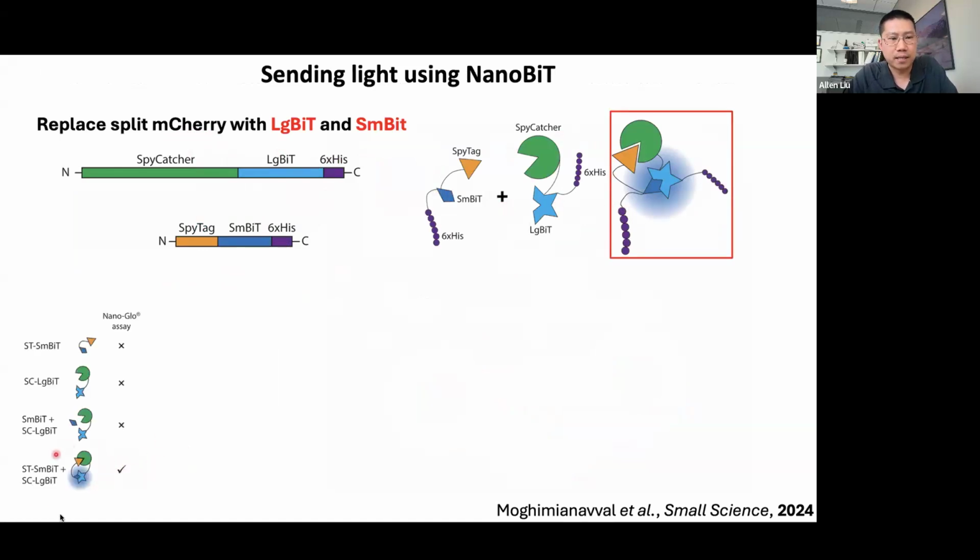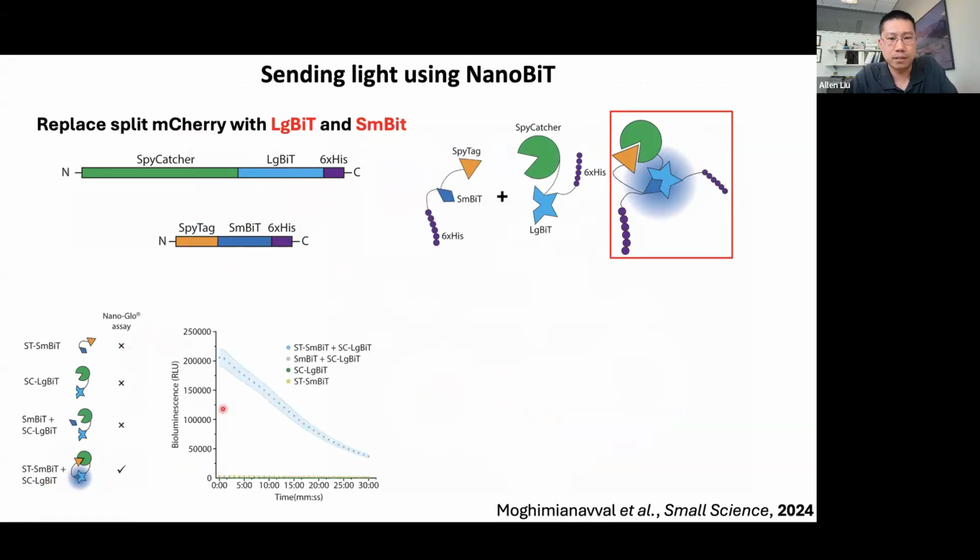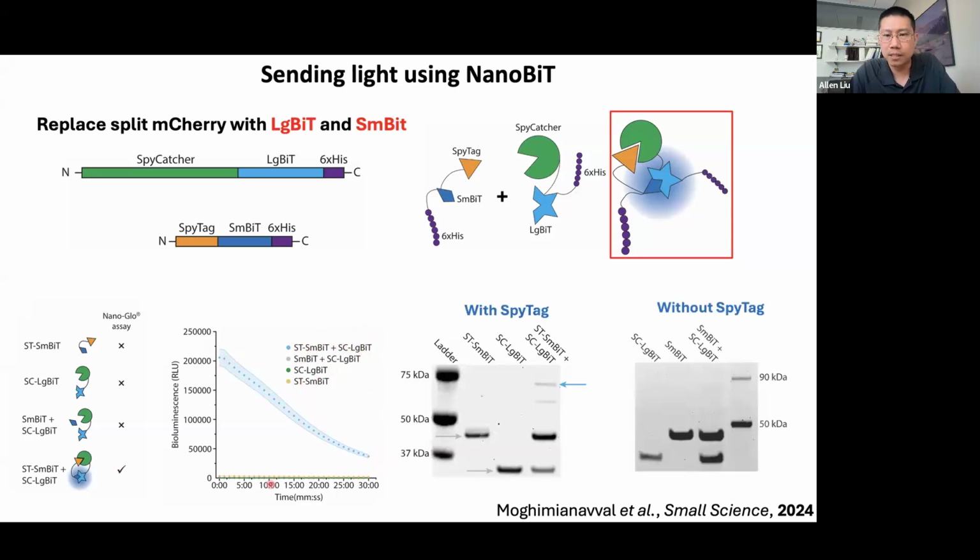And we first wanted to test that this can indeed generate light. So we ran a luciferase assay, a NanoGlo assay, and you can see only in the conditions where we have the spike tag with SM bit and then the spike catcher with LG bit do we get a strong bioluminescent signal. All the other conditions are completely dark.